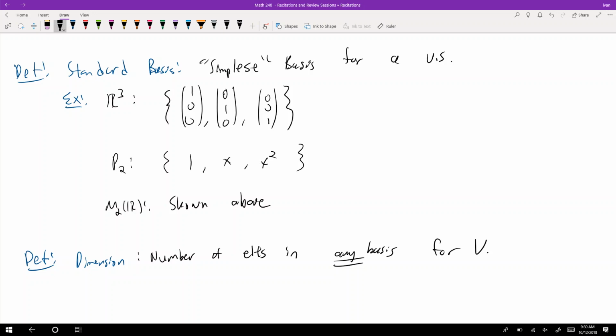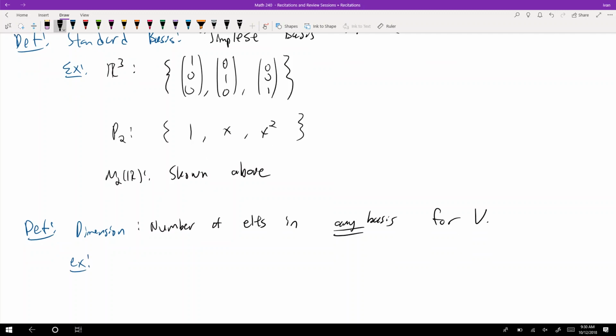And examples then, right? The dimension of R3. Any ideas? 3. Okay, what about more generally, what's the dimension of Rn? Yep.